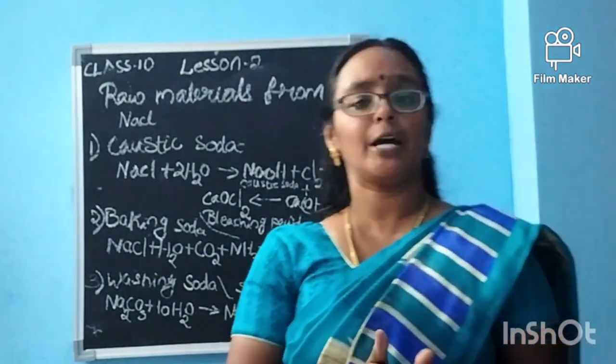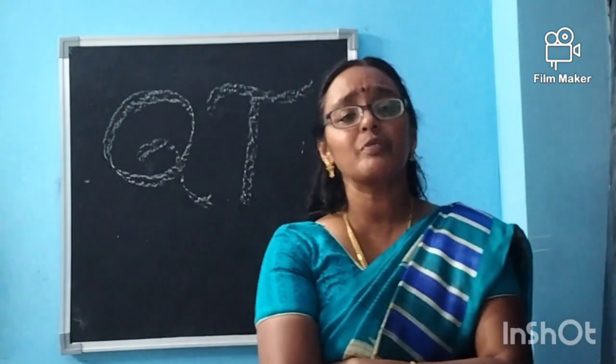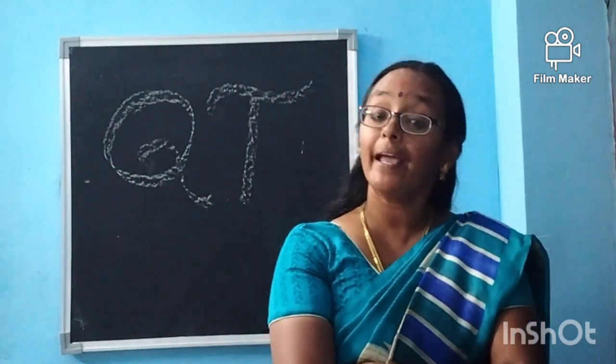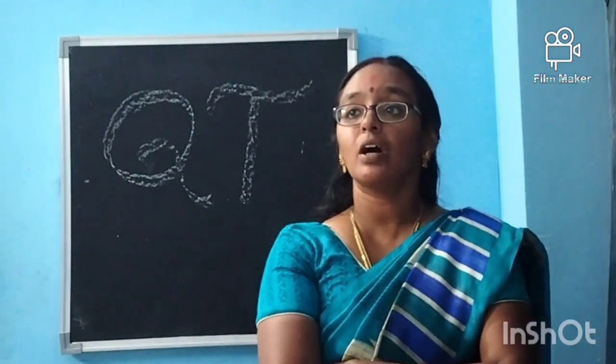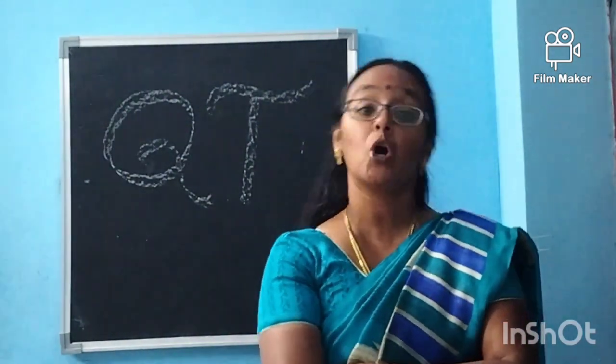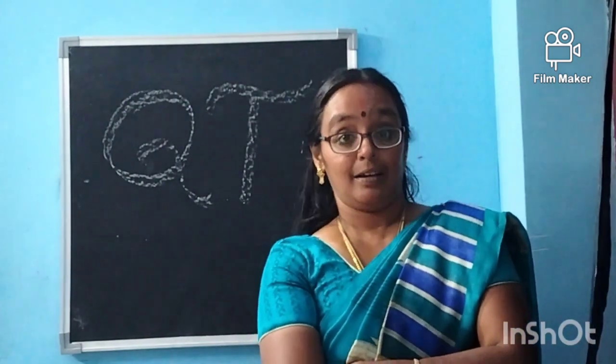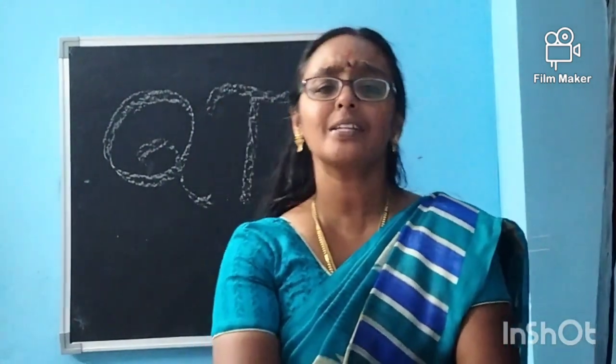Okay, dears. Now the chapter is almost finished. I am not leaving you. What are the things which we have learned in this lesson? We have learned acids, bases, salts, then the reaction of acids and bases with metal oxides, non-metal oxides, carbonates, then hydrogen carbonates.